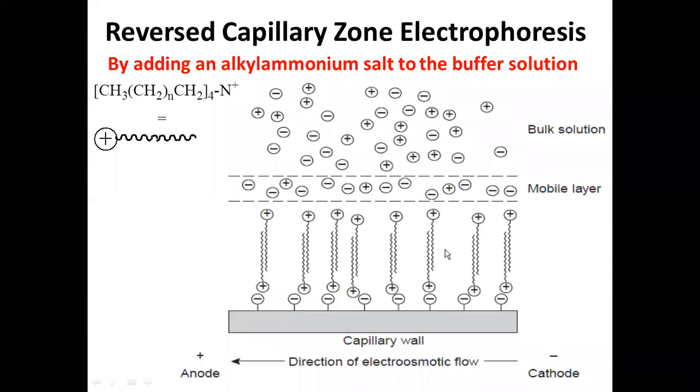Into the buffer solution, you add a solution of alkyl ammonium salts. Say, for example, here I have presented one alkyl ammonium salt, a quaternary ammonium salt, whether it may be in the chloride form or sulfate form, whatever it is. It is added in excess.